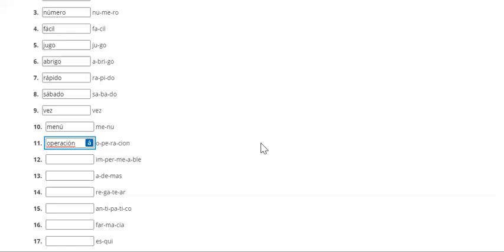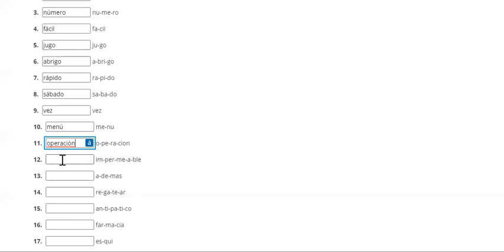It'll end with an S when you make it plural. Operaciones ends with an S, and the second to last syllable is where the stress should be, and it is. So we wouldn't write an accent mark if this were plural, but it's not here. It's singular. Any of the sion words that are singular will have an accent mark on the O.